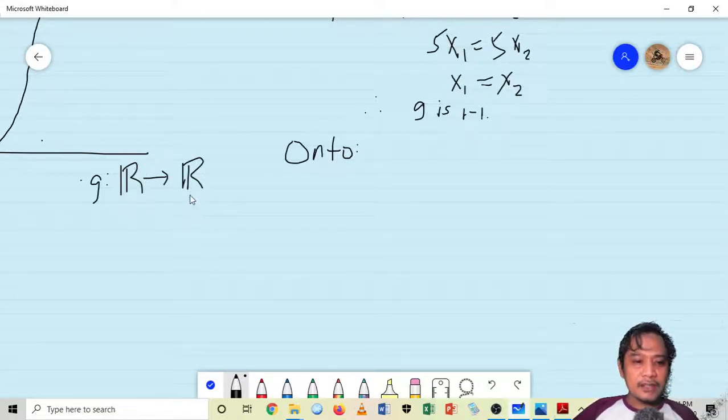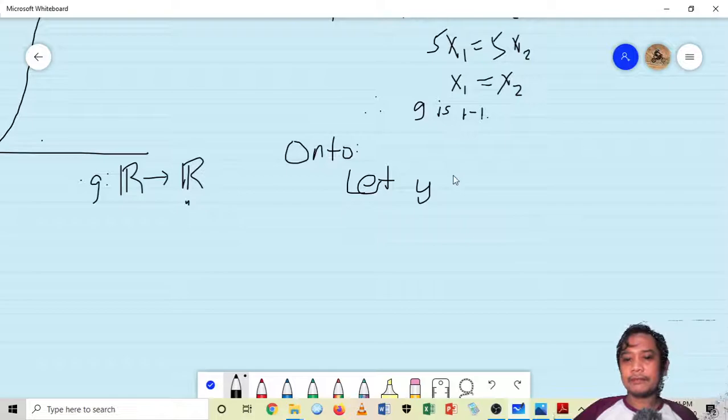So let's say there is an element here, Y. Let Y be an element of the codomain R. Okay, so Y is a real number.